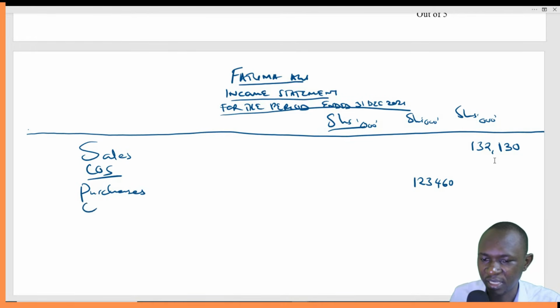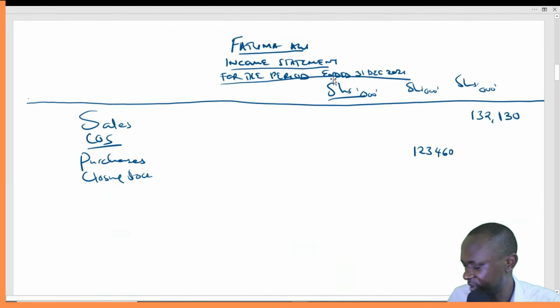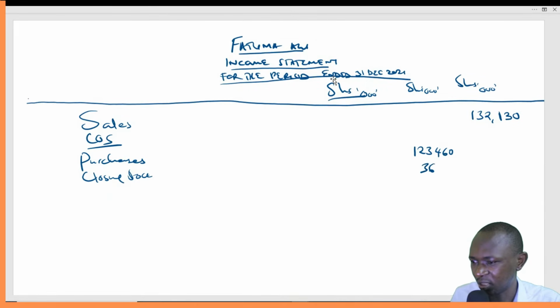And then, of course, we less the closing stock. I've seen the closing stock, the figure is just here. Closing stock, as at December 2021, inventory was valued at 36.5. Remember the restricted 0, so 36,500. You less: 123,460 minus 36,500.